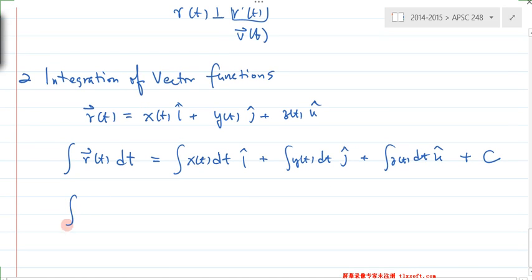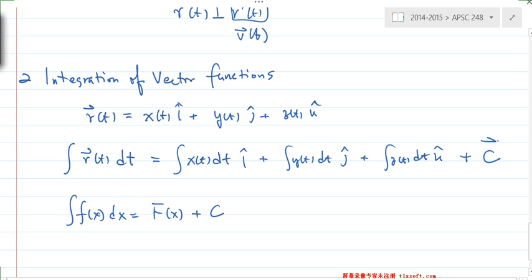Well, I guess we all know that a scalar function gives us a C here, right? But now we're dealing with a vector function. So instead of a constant, it's actually going to be a constant vector.